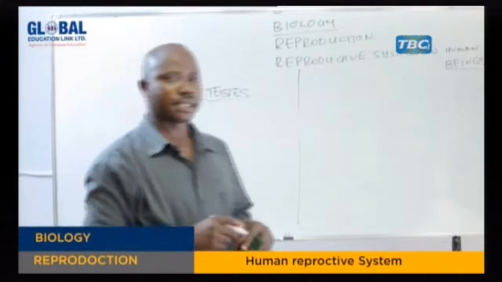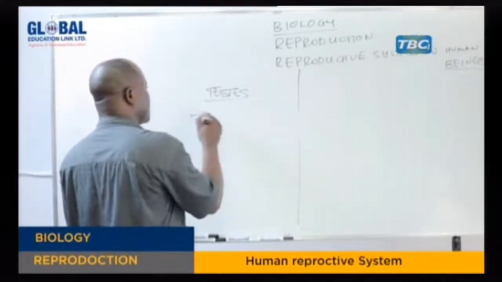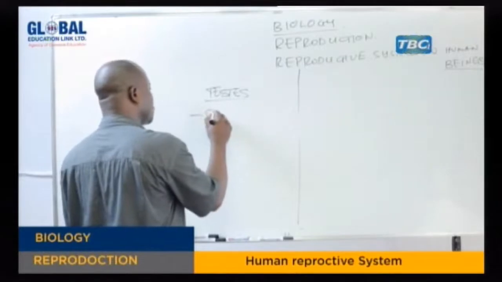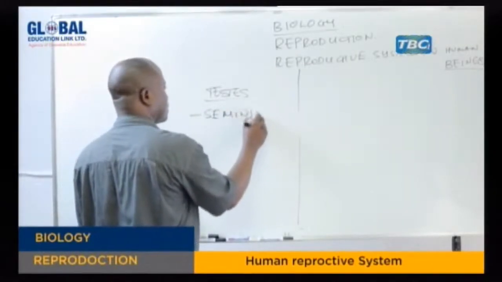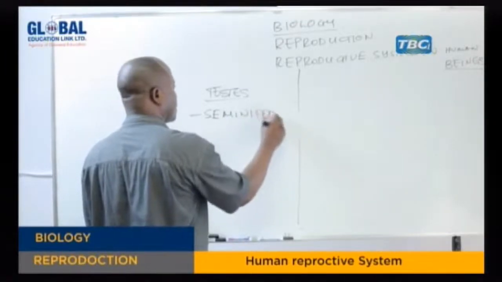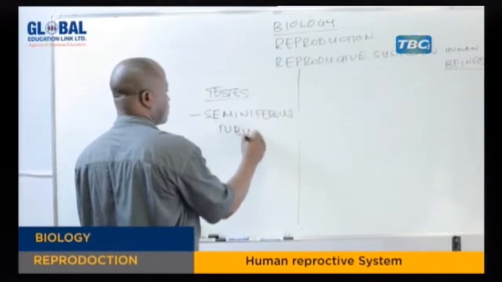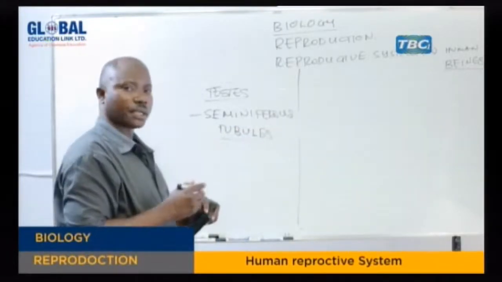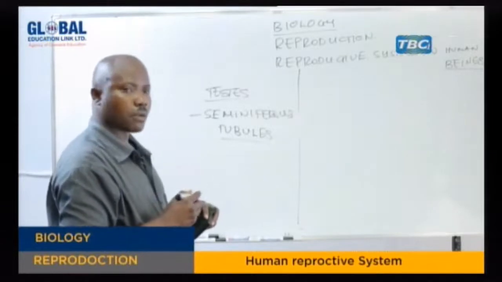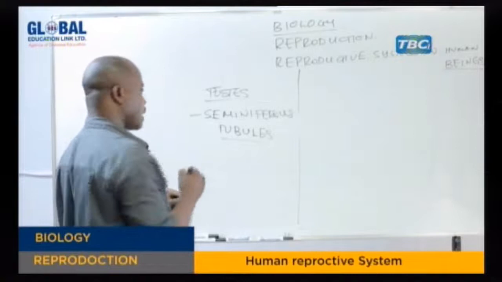The inner part of the testis consists of the following structures. There are seminiferous tubuli, which consist of a large number of primordial germ cells that give rise to sperms.